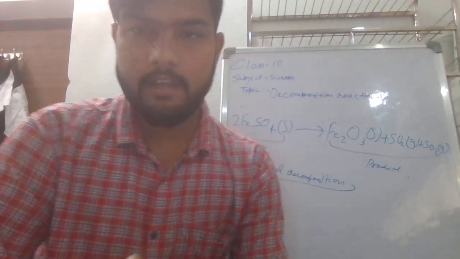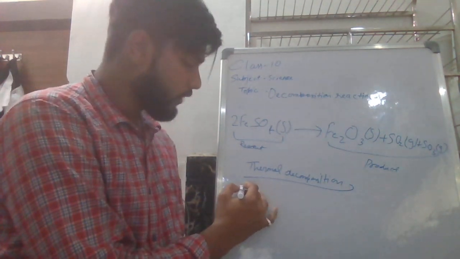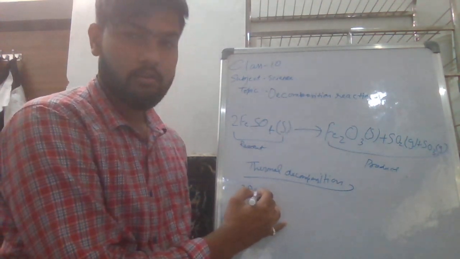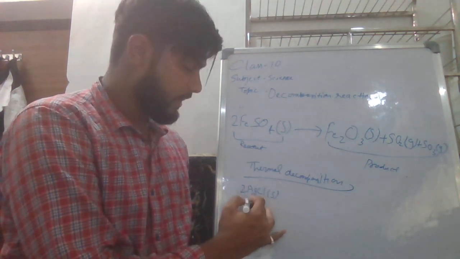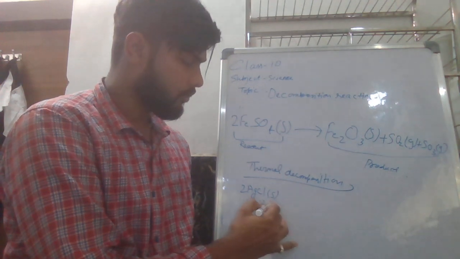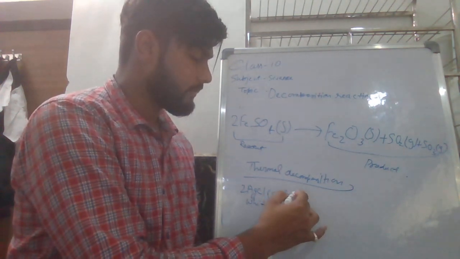For this I will write the equation here, so note down this equation in your notebook: 2AgCl(s), this will be white, then arrow, sunlight.